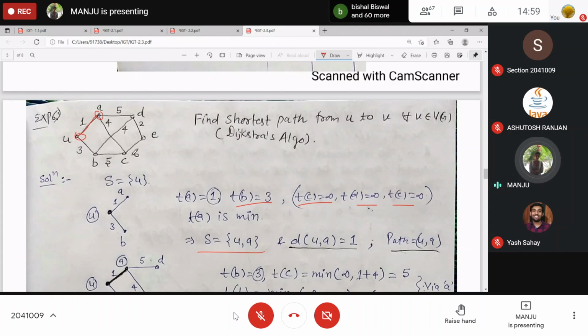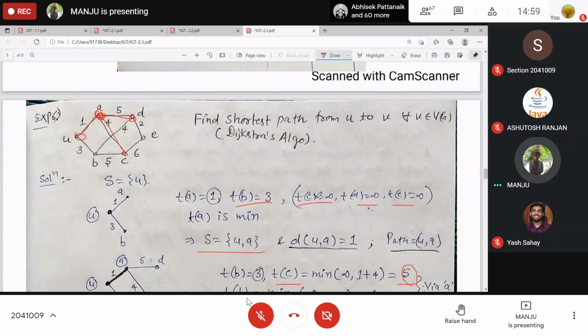Via a to c, earlier it was infinite, no direct edge. Now it is 1 plus 4, right? So 5 हो जाएगा, right? Tentative distance from u to c it will be 5. Okay, u to d earlier it was infinite, now it is 1 plus 5, right? Via a ये वाला वर्टेक्स आ गया ना हमारे पास, सो इससे देख सकते हैं। सो 1 plus 5 6 आ गया, राइट?